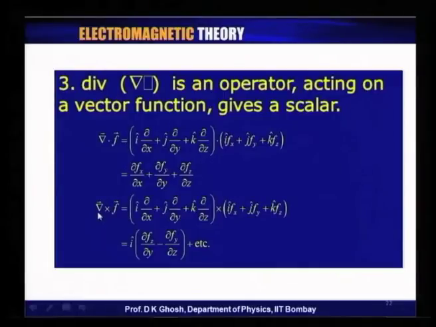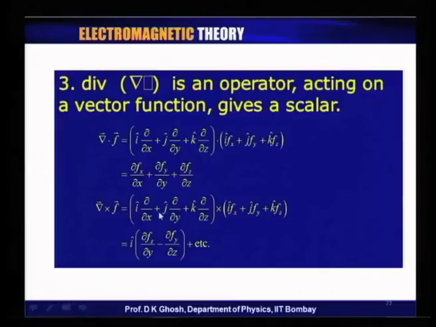Finally, we talked about del cross f. Notice one thing, that when you write this del operator, what is it doing? The i vector is dotted with the i vector and the differential operator acts on the function. Similarly, i dot j is equal to 0, so you do not get any contribution from there. Exactly the same way, write down the del operator, which is i d by dx, j d by dy, k d by dz, cross i f x, j f y, k f z.